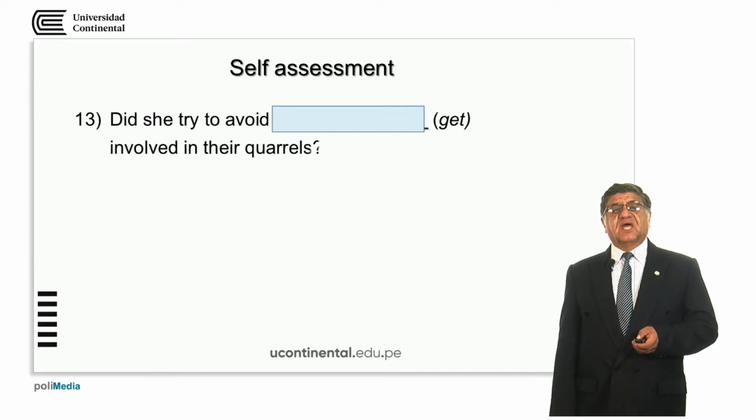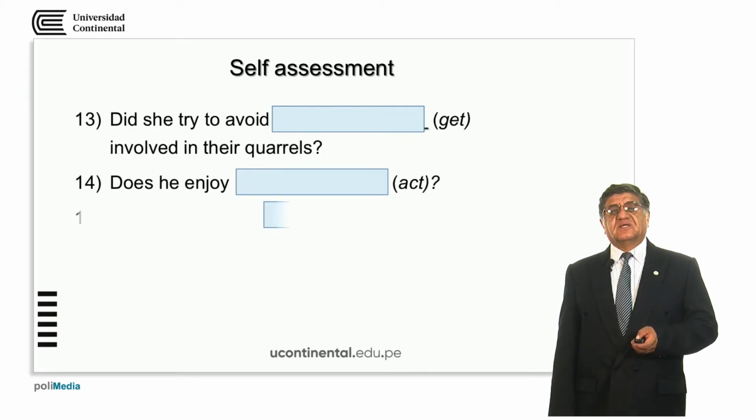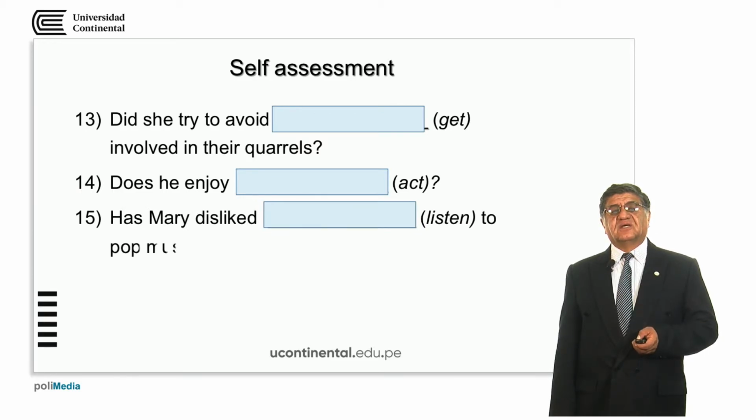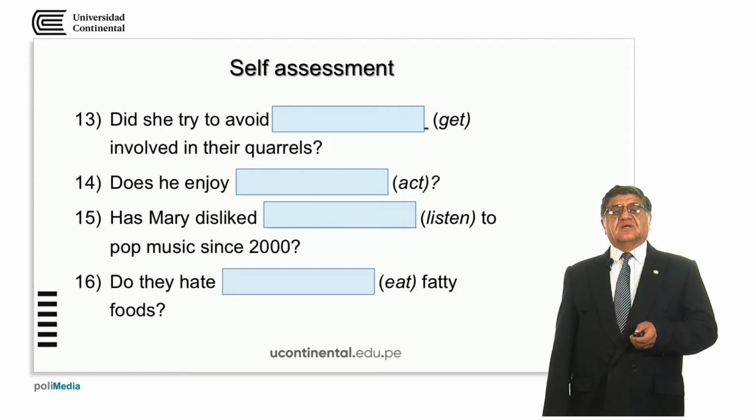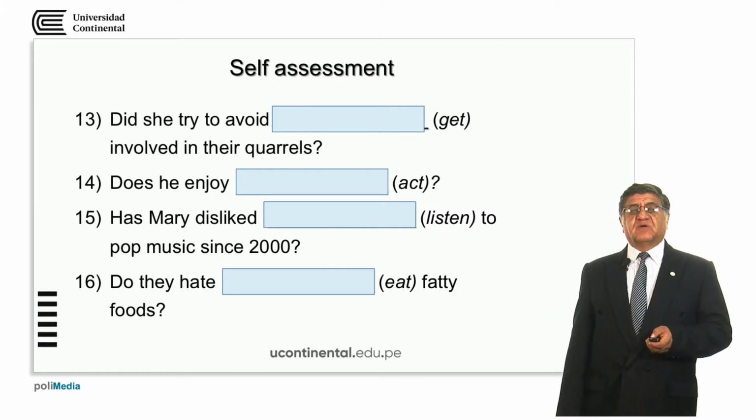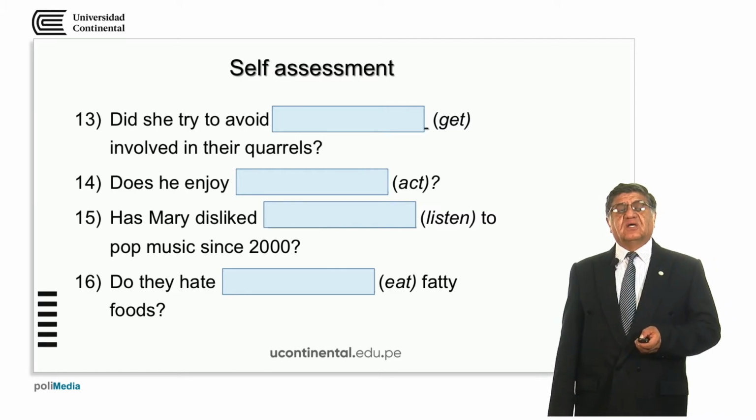Okay, again, get, act, listen, and eat. I want to mention again that, like in the previous slide, you need to be careful with the tenses. Remember, auxiliaries or time expressions will give you the necessity to change or not to change the tense of the verb.